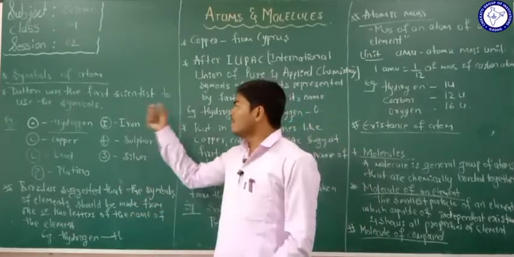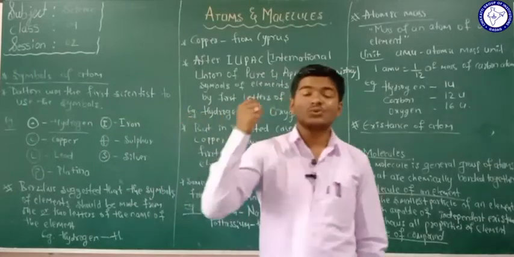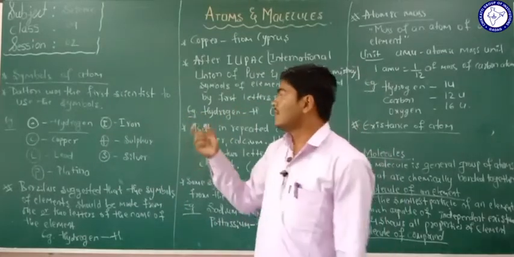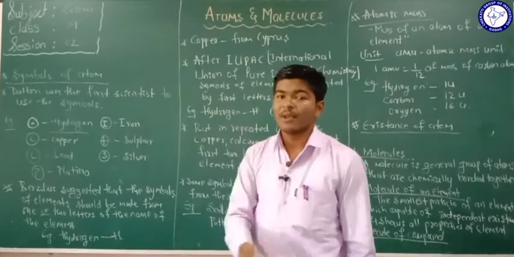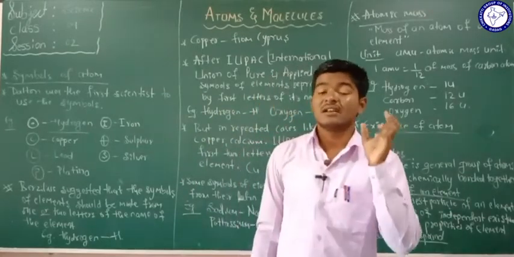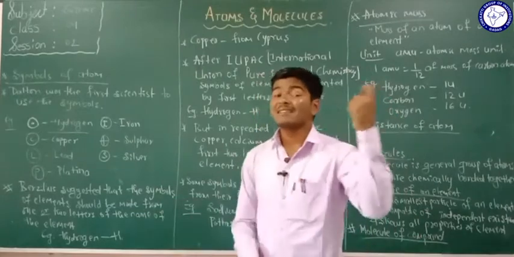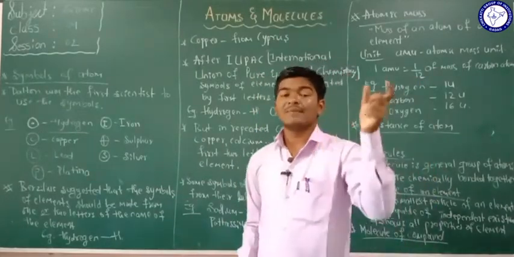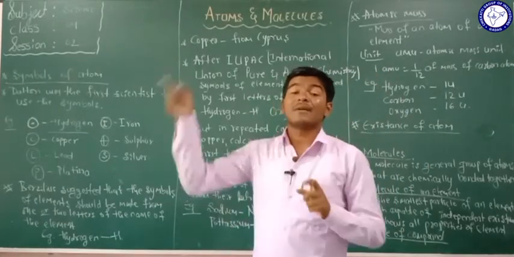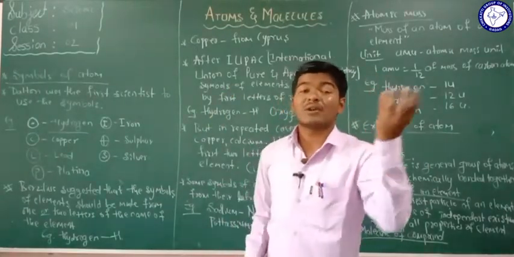Previously, Dalton used diagrams or symbols to represent an atom. But Berzelius suggested that to make the symbol for the atom of an element, we should use the first letter of the element.